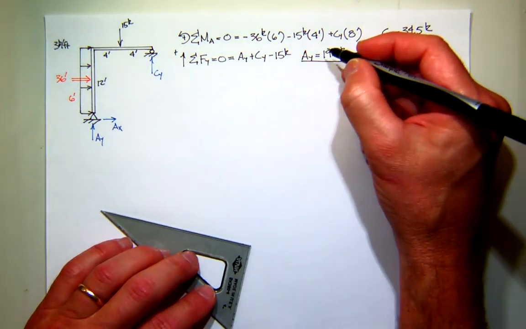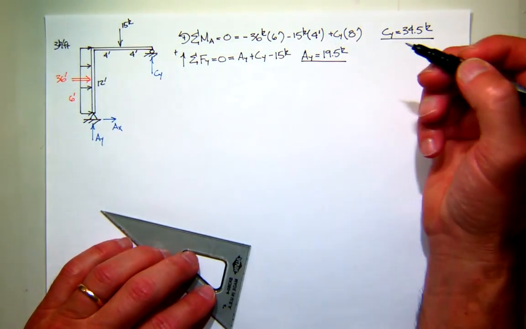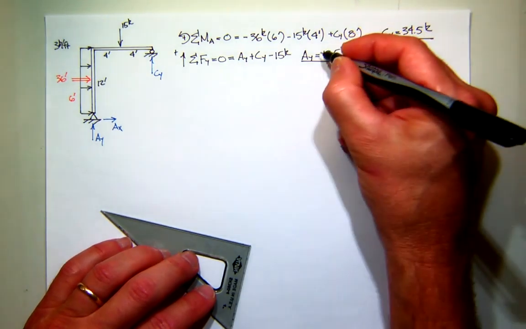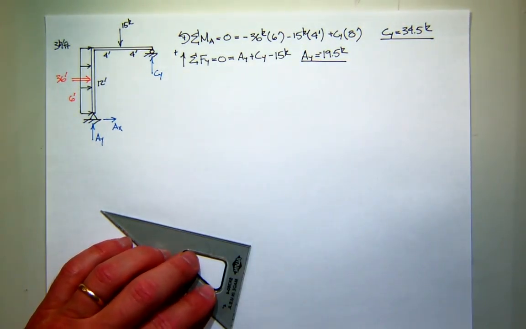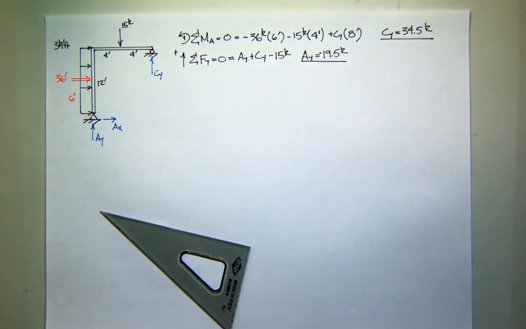And that should be negative, right? Yes. It's just negative 19.5. Oh, I don't like this. Something didn't go right.